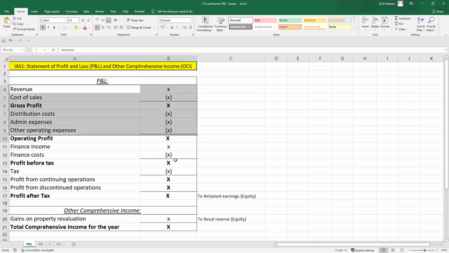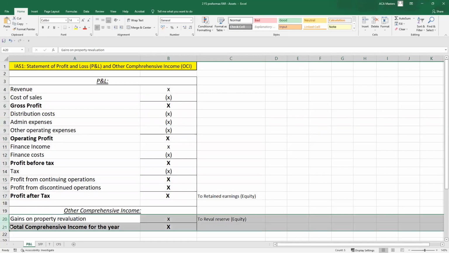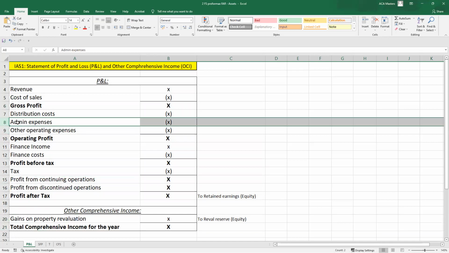So actually the P&L suffers from a revaluation because the impact on the P&L is more depreciation because the asset's higher. And the OCI benefits because the gain, the upside of the revaluation, is recorded through here, but the additional depreciation, which arises as a consequence of that, is recorded through the P&L.